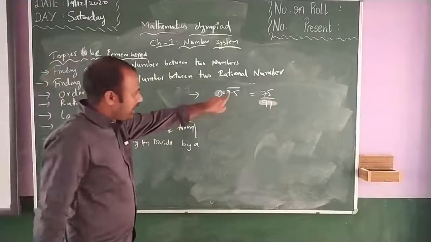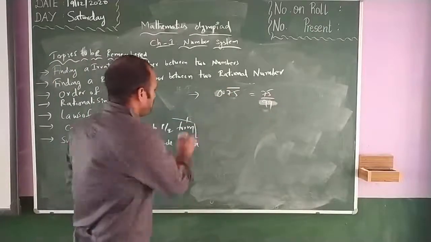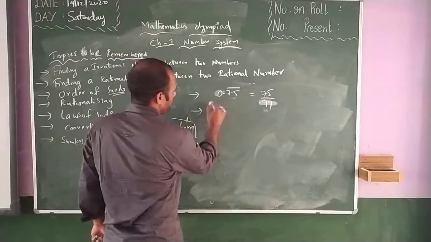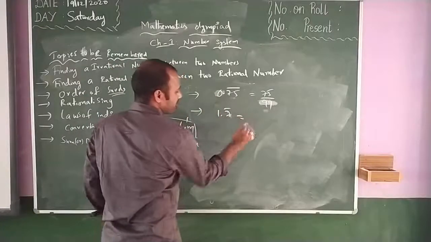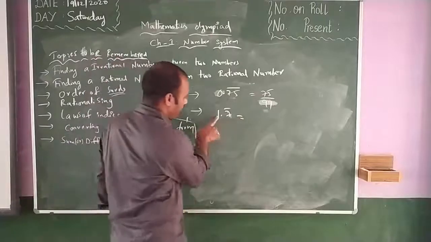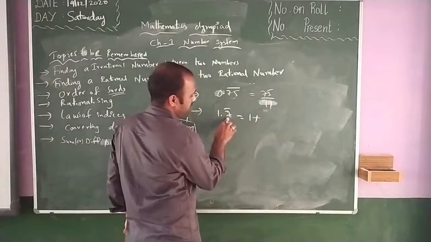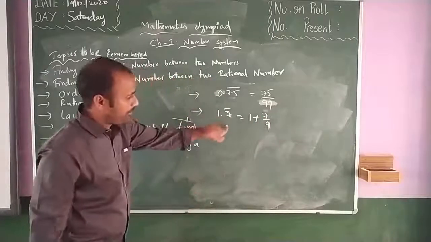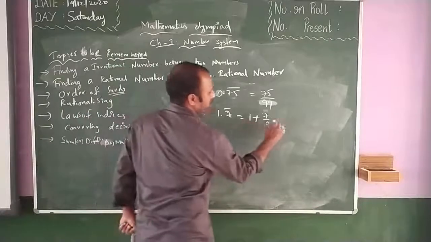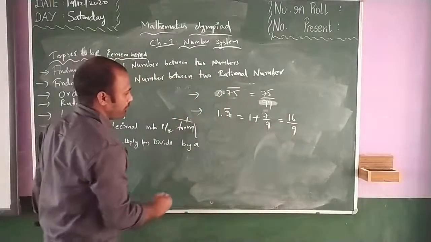Why? Because under the bar there are two numbers, so we need to write two nines. For example, let us take another question: 1.7 bar. This can be written as, whatever is before the point, let us write it as 1 plus 7 by 9. Why am I writing by 9? Because under the bar only one number is there. So 9 ones are 9, 9 plus 7 is 16 by 9. That is our fraction form.